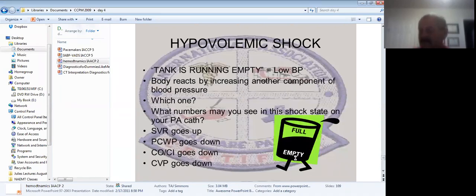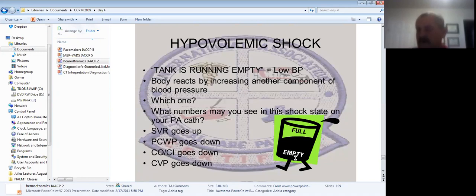Hypovolemic shock, that's really the one that I like to teach most, because volume shock is the one that you're used to seeing. In hypovolemia, all the things that you know, you can kind of count on. In volume deficits, the body wants to do the fight or flight thing, right? So systemic vascular resistance goes up because your body is putting more squeeze.